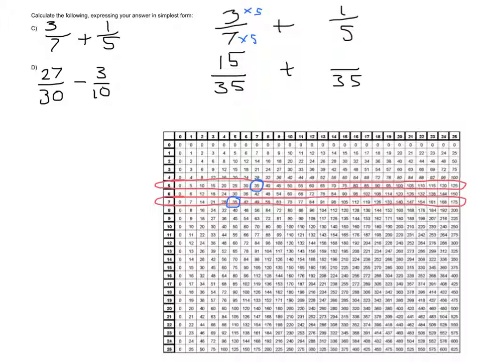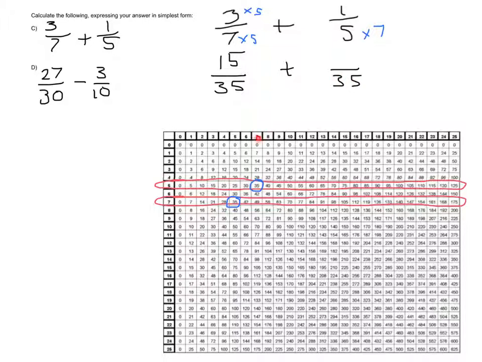Now, we got this 35 on this side because what happened was we multiplied 5 by 7. 5 multiplied by 7 is 35. So this is how we got the number 35 for this denominator.